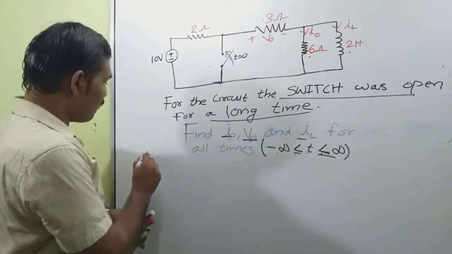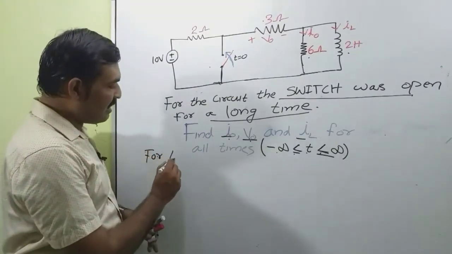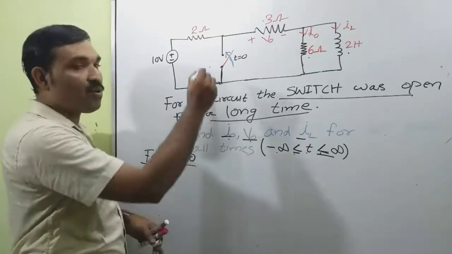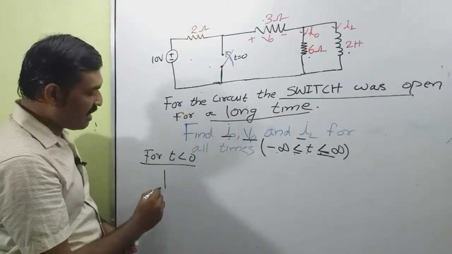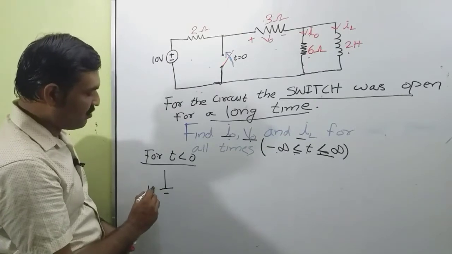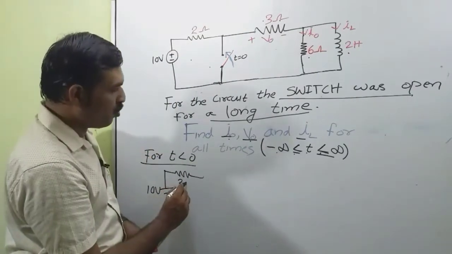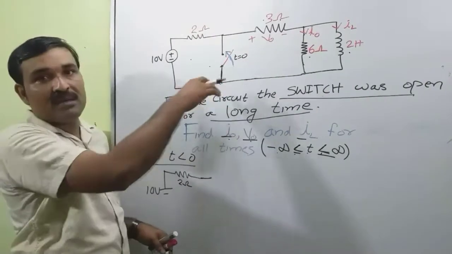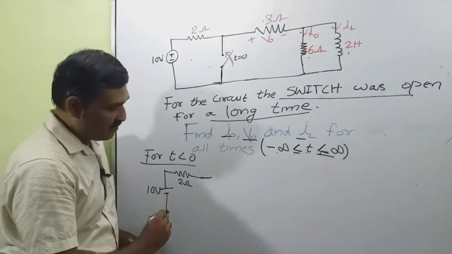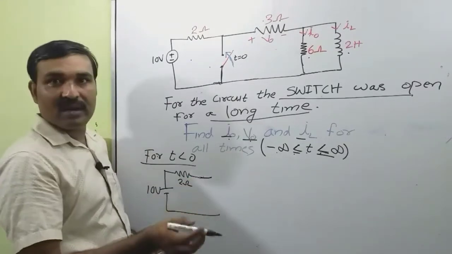For t less than 0, we can draw the equivalent circuit as we have a voltage source of 10 volt and a resistance of 2 ohm, and the switch is open, so that switch is not required.